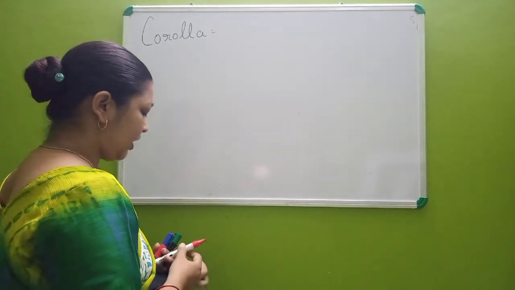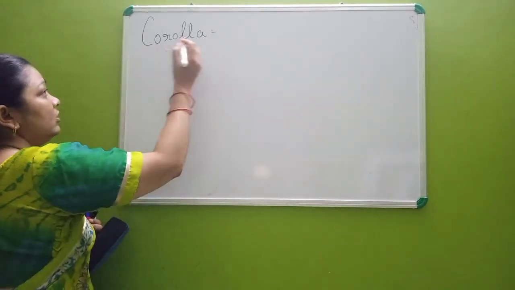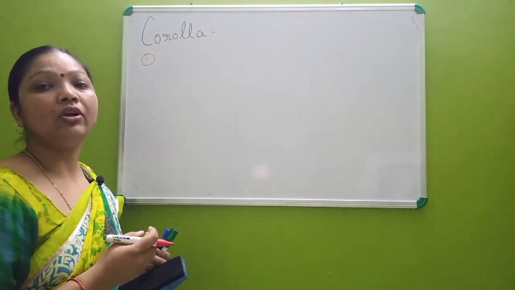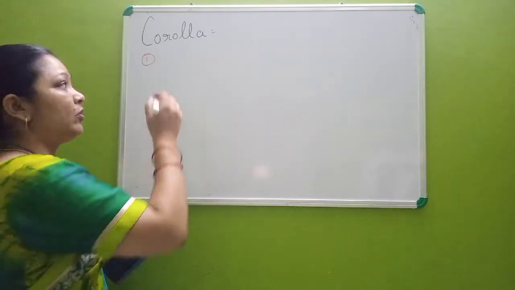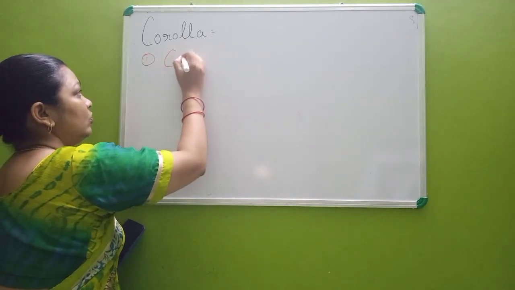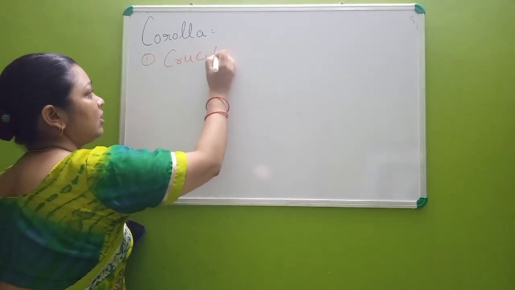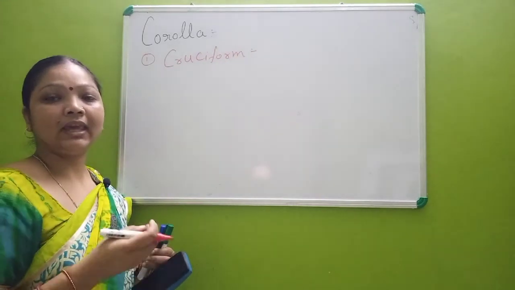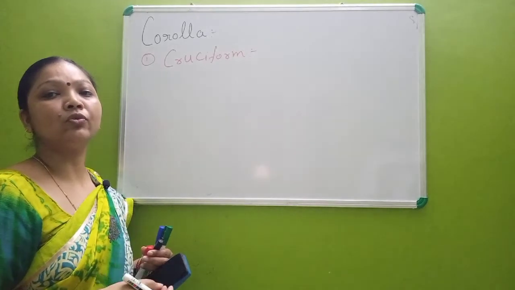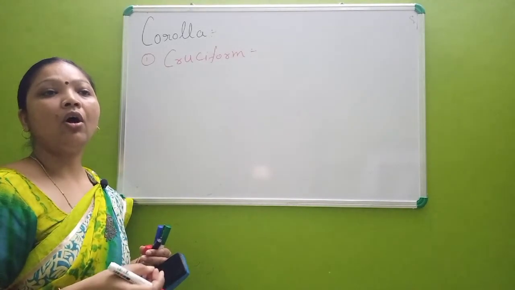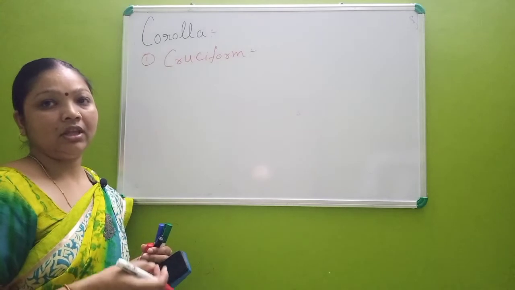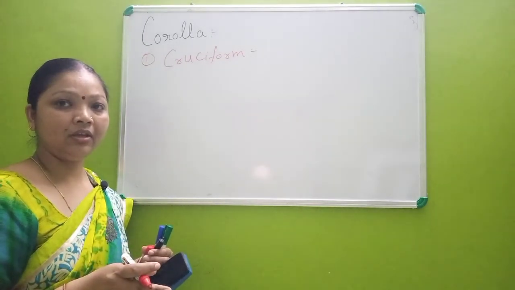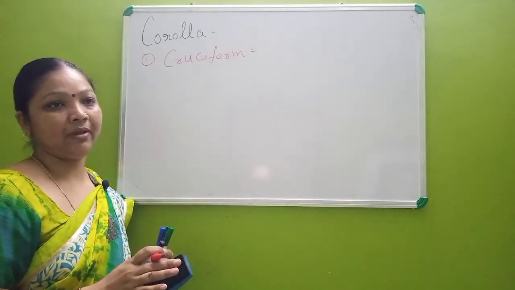The first type of corolla that is found is called cruciform corolla. This is a characteristic feature of the Cruciferae family or Brassicaceae family.